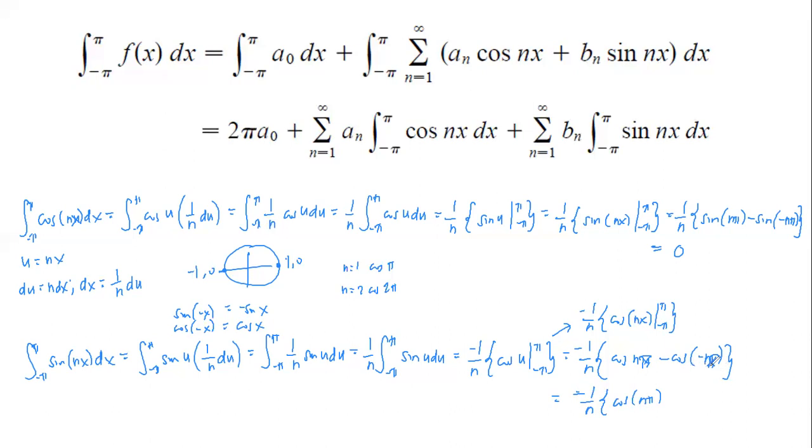So cosine of negative n pi is positive cosine n pi. No? So negative. So whatever value of cosine n pi will simply be negated by this negative cosine n pi. So this will give us, of course, a zero value.